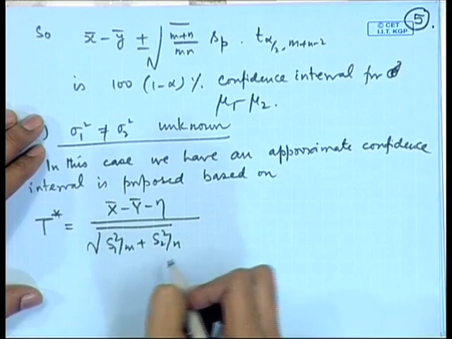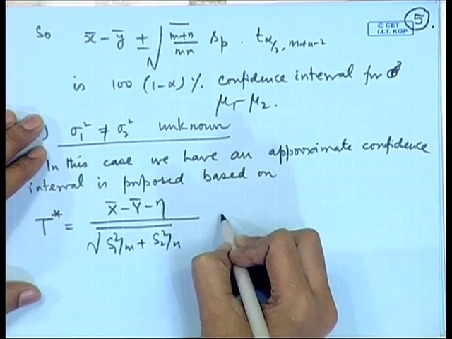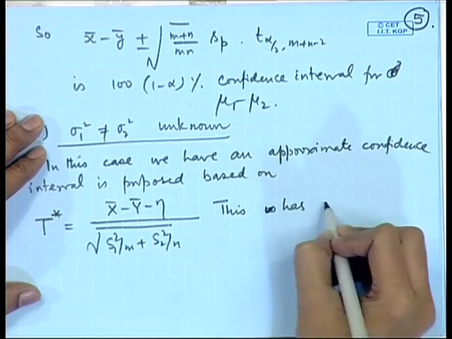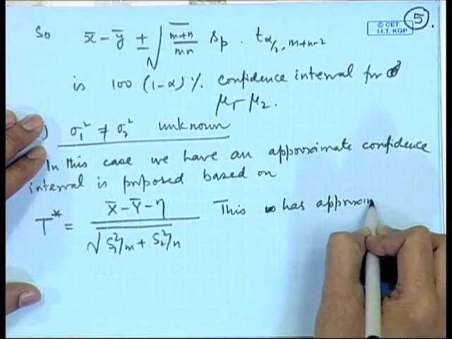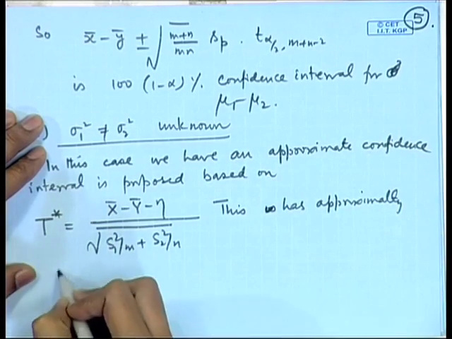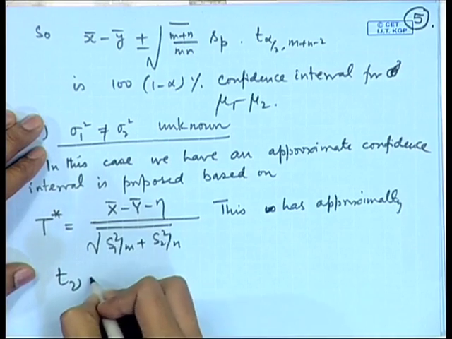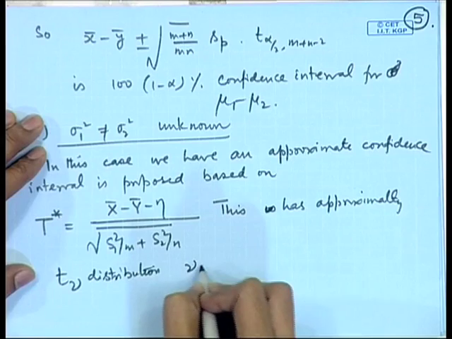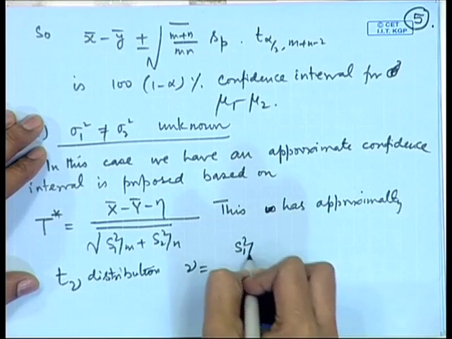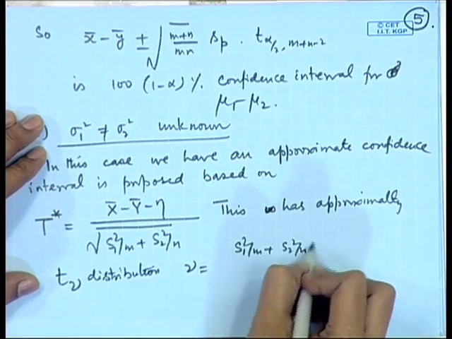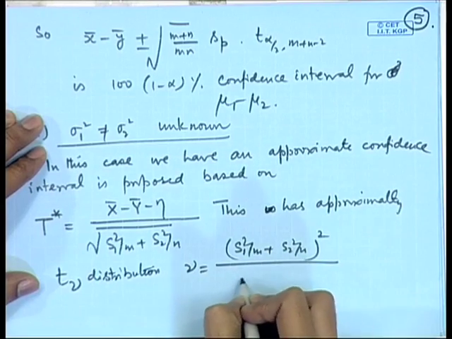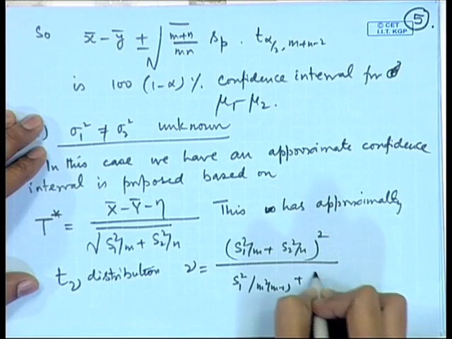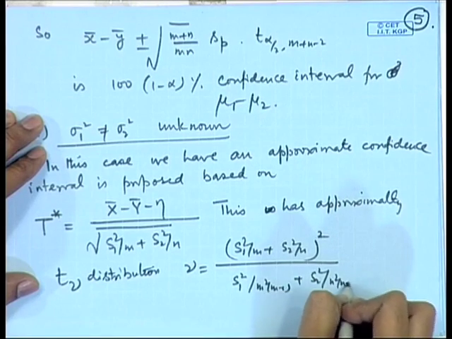So, it was proved by Welch etcetera that this has approximately t distribution on nu degrees of freedom, where nu is given by S 1 square by m plus S 2 square by n whole square divided by S 1 square by m square into m minus 1 plus S 2 square by n square into n minus 1.